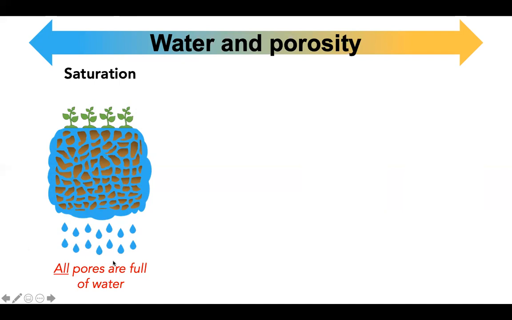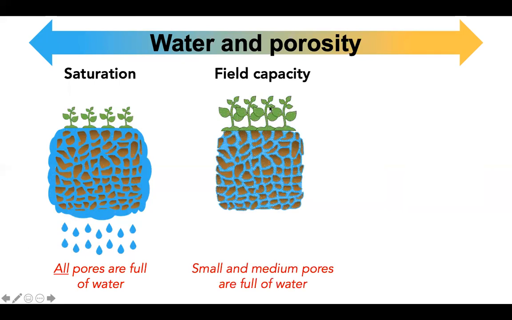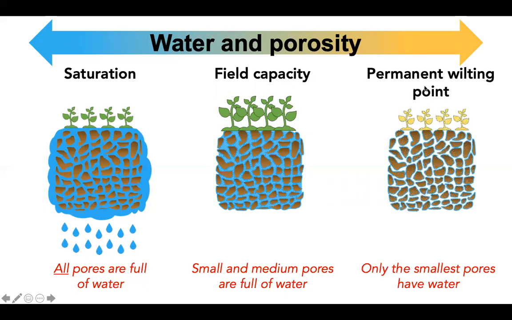We are at full saturation. Just below that, in terms of wetness, is field capacity. When we're talking about field capacity, only the small and medium pores are full of water. The large pores have drained. And then the driest would be the permanent wilting point.